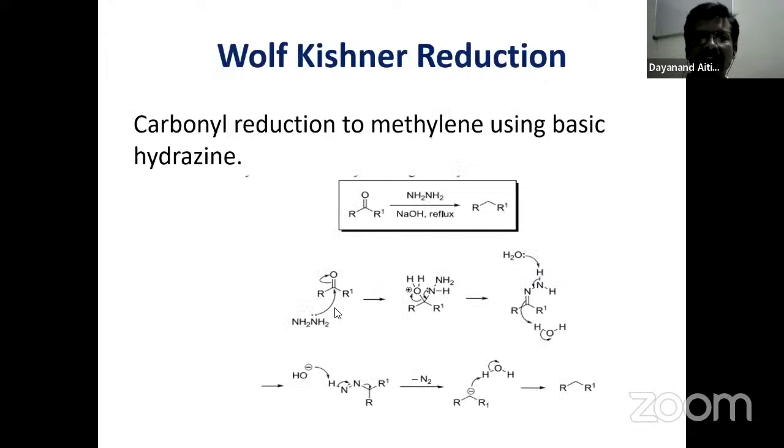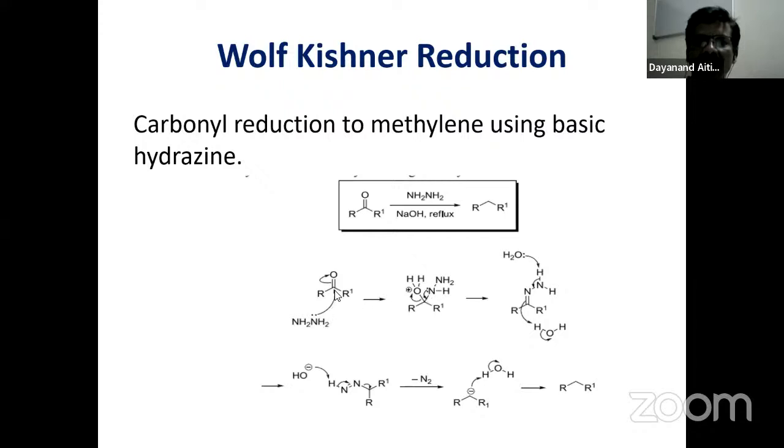Wolff-Kishner reduction, if you see the mechanism, is carbonyl reduction to methylene using base. RCOR is converted into RCH2R. First of all, a water molecule is added, followed by NH2NH2 addition. The nitrogen has a lone pair of electrons.